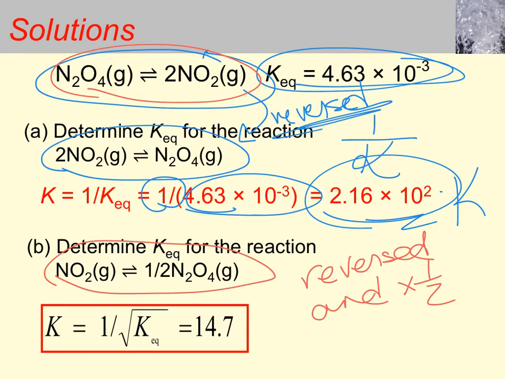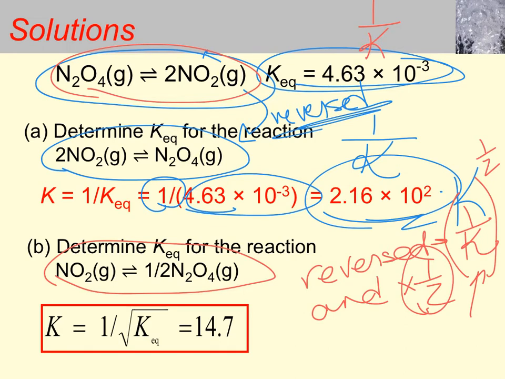So we need to do 2 manipulations to the K value. By reversing it, remember it's 1 over the original K, and whatever we multiply it by, in this case 1/2, becomes an exponent. So the new K is 1 over the original K raised to the 1/2 power, which is the same thing as the square root of 1 over K.